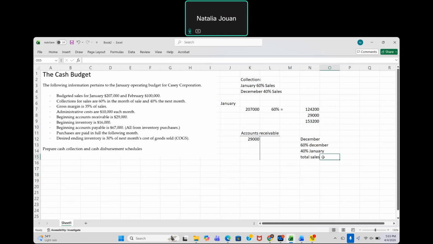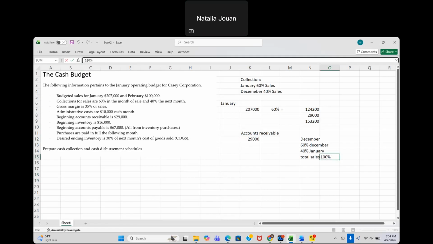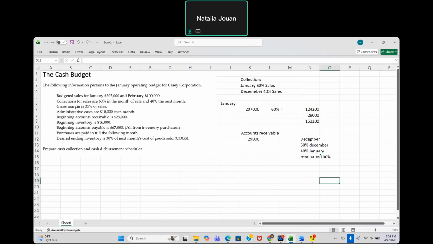Okay, so this is your 100 right here. And we can play with cross multiply. So total sales 100%. 60% collected in December, 40% collected the next month, which is January.